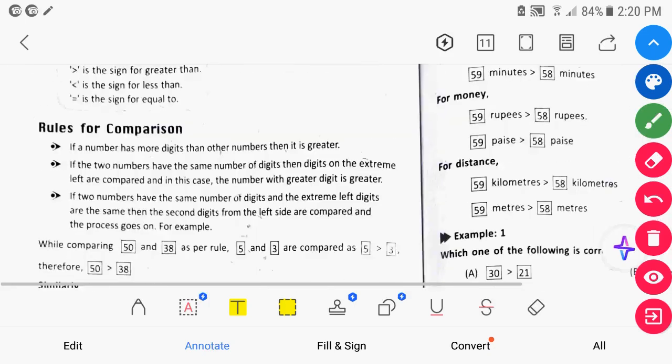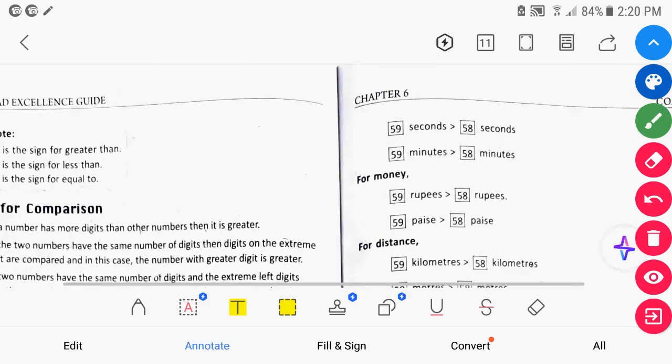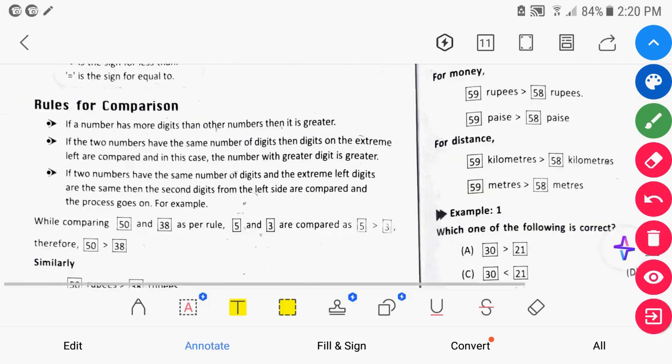In comparison, we compare things with respect to their size, their height, and their numbers.